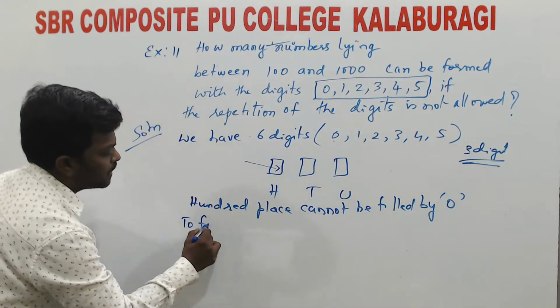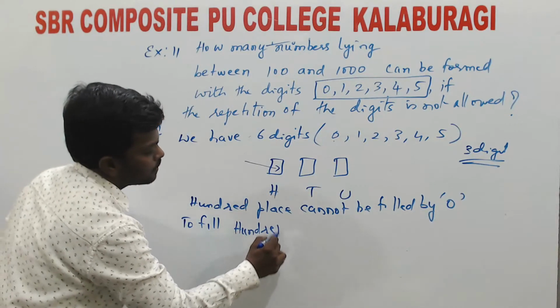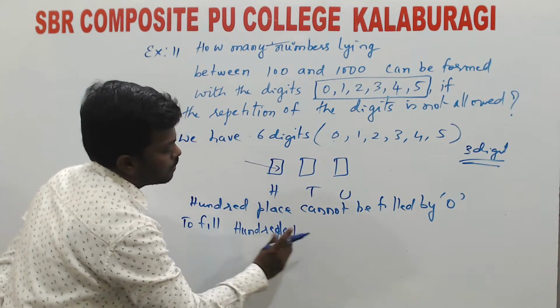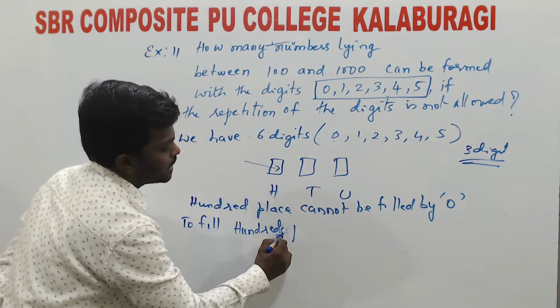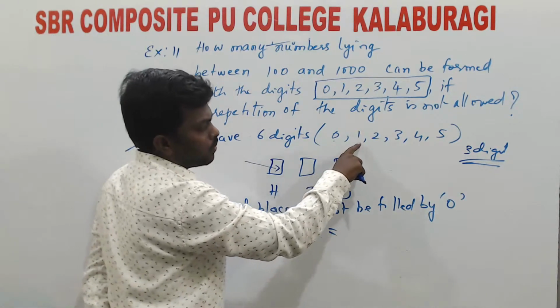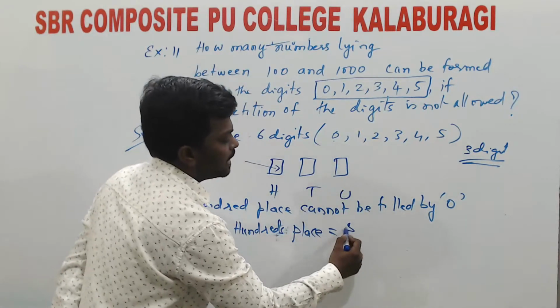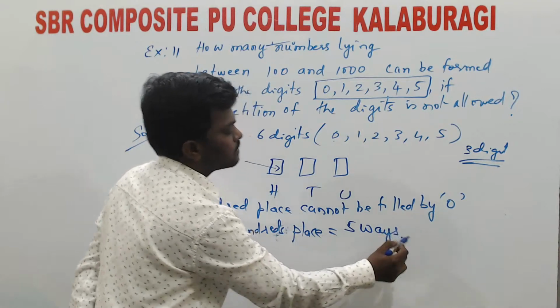Hence, to fill the hundreds place, how many are there? 1, 2, 3, 4, 5. So you can fill it in 5 different ways.